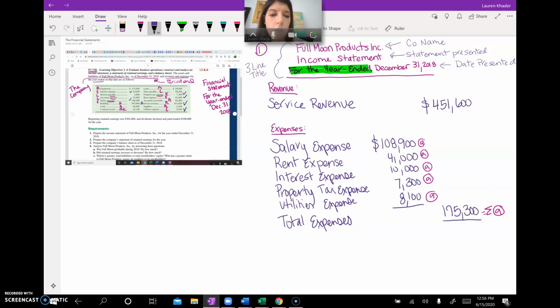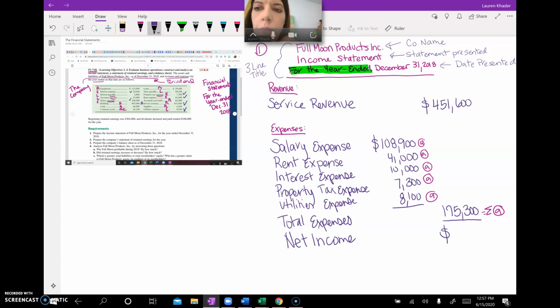I'm going to do a single underline. And right now you can see that revenue is much higher than total expenses. I'm going to take service revenue of $451,600 minus total expenses of $175,300 to equal net income. And it's going to be net income or a profit of the difference.